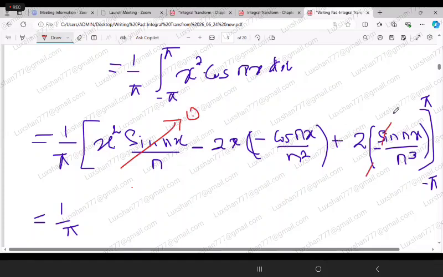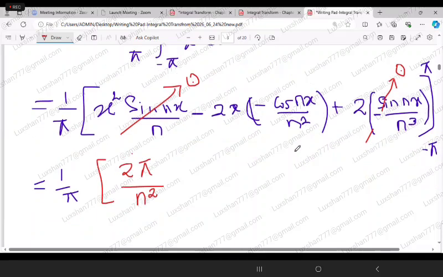This also becomes 0. So what we have is minus into minus is plus. So we have 2x, and if we substitute 2x, then we get 2 pi over n squared, 2 pi over n squared.